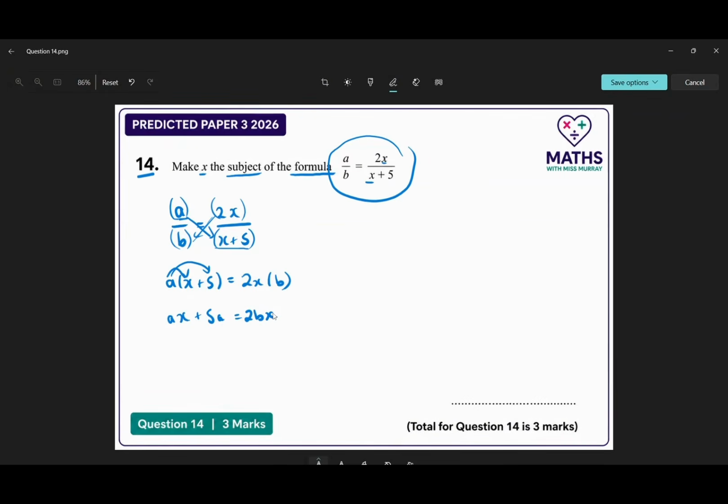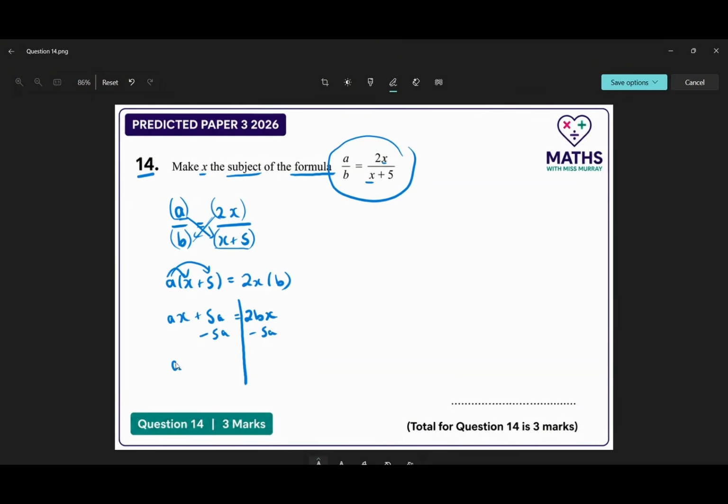So now, because I need to make x a subject, I need to get the x's together. So you want the x's on the same side, and anything that doesn't involve x on the opposite side. So it doesn't matter which side you rearrange to, both answers will be correct. So I'm going to minus the 5a first of all from both sides.